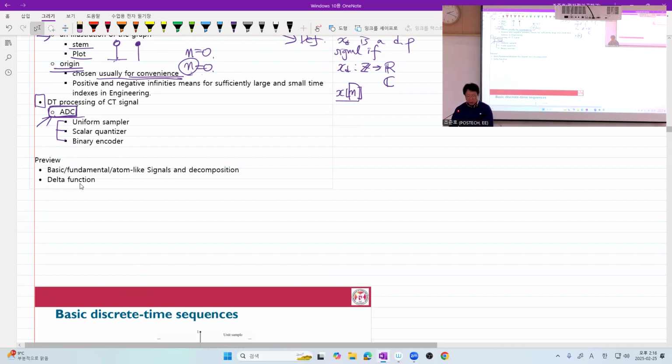So every molecule consists of how many? 108 elements, right? So we will see some important signals. And by using these signals, we will learn how to decompose an arbitrary signal. Some basic signals are easy to handle in rewriting a given discrete time signal. But not all of them are always useful.